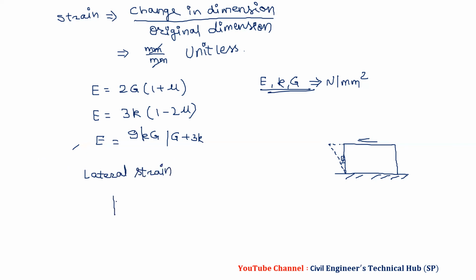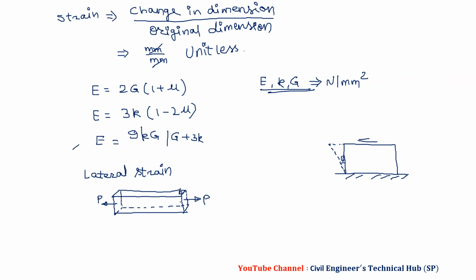Now lateral strain means if I consider a body in this fashion, and we have force P over here. And normal stress we have on this area, this cross section area.